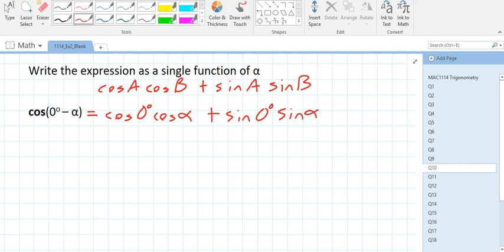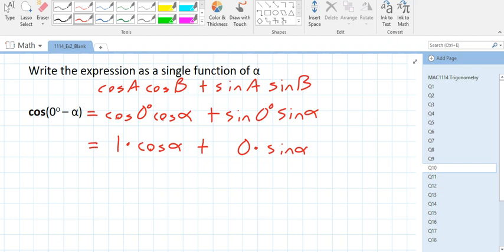All right. So we're going to simplify as much as we can. So that means we need to know what is cosine 0 degrees. 1. So that's 1 times cosine alpha. Plus, we need to know what is sine of 0 degrees. Times sine alpha. What are we going to end up with in the end? Cosine alpha.